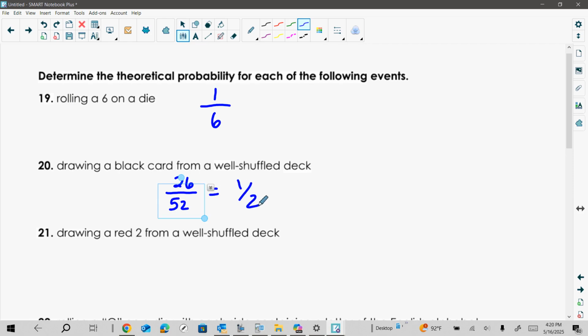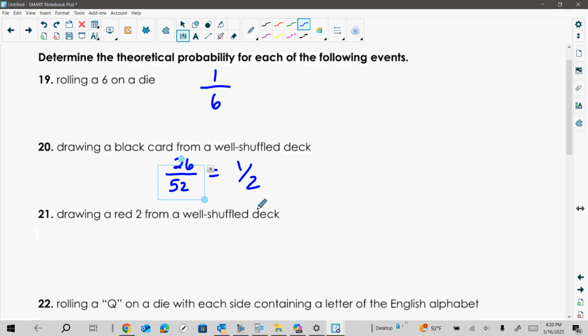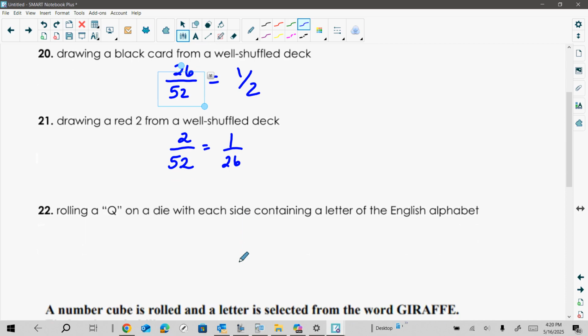Drawing a red 2: there are 4 2s, but 2 of them are red out of 52 total, so that can be reduced to 1 out of 26. Now they want a Q on a die that contains all of the letters in the alphabet. That's 1 out of 26.